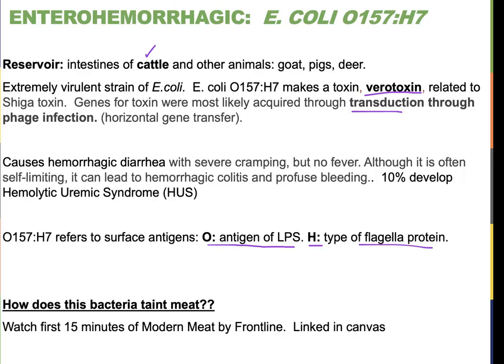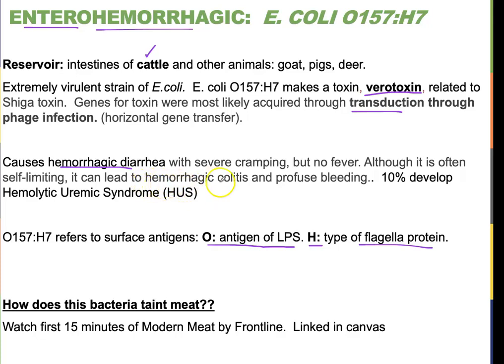So, hemorrhagic, right? Entero refers to the intestines, hemorrhagic refers to bleeding, and so we have hemorrhagic diarrhea. Severe cramping, no fever, and it can be self-limiting, but the danger is that it can become very, very dangerous with HUS.